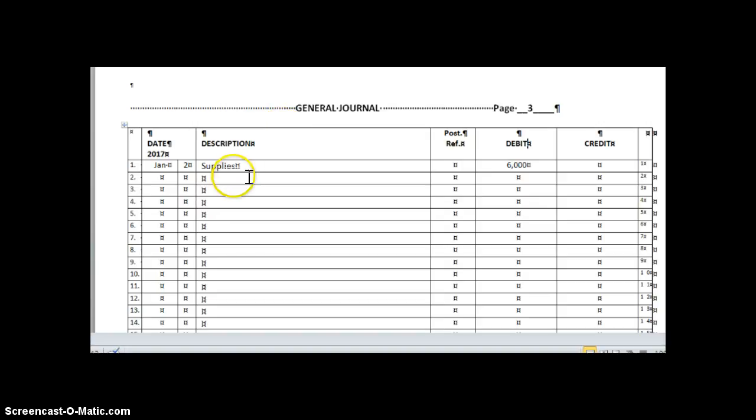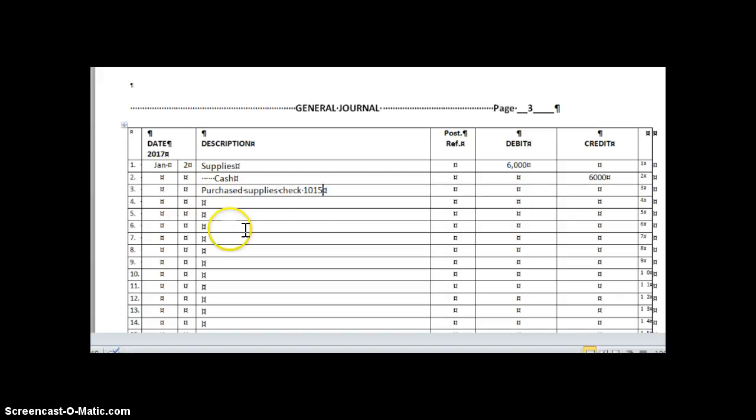And under supplies, you enter the credit balance. You go over about 5 spaces. You're going to credit cash for $6,000. You're going to enter a brief description. And when it says it issues a check, that means it came out of the cash account.